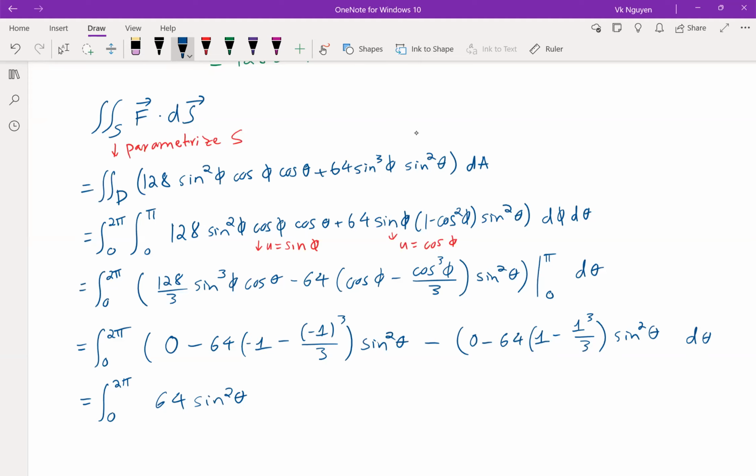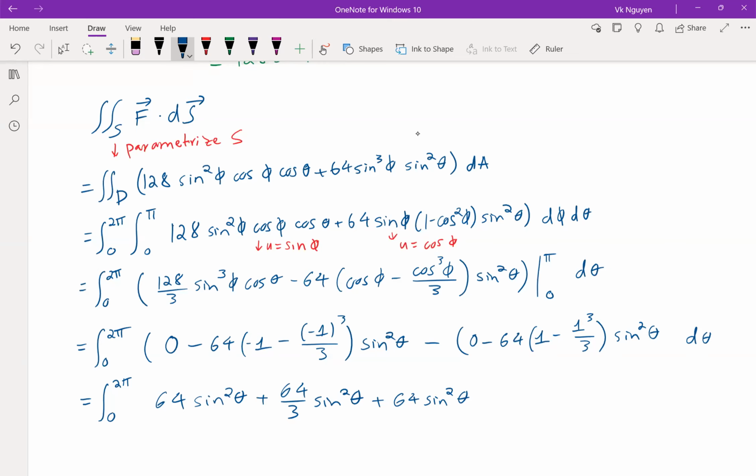So I'm missing a -1 somewhere. So this is going to be also plus 64/3 sine squared theta, and then plus 64 sine squared theta.